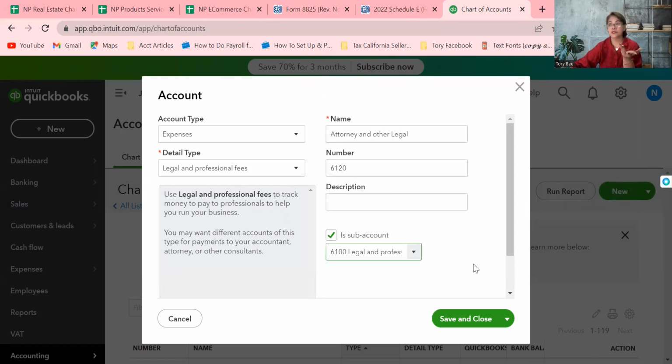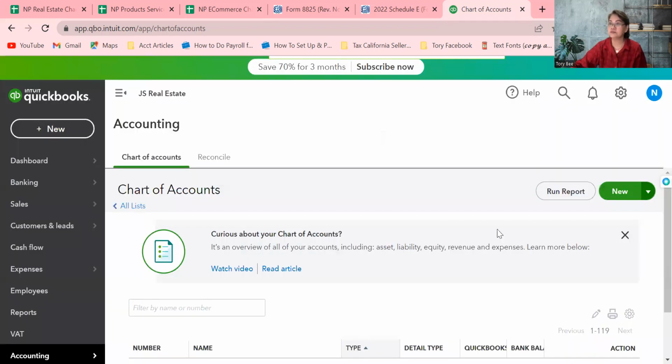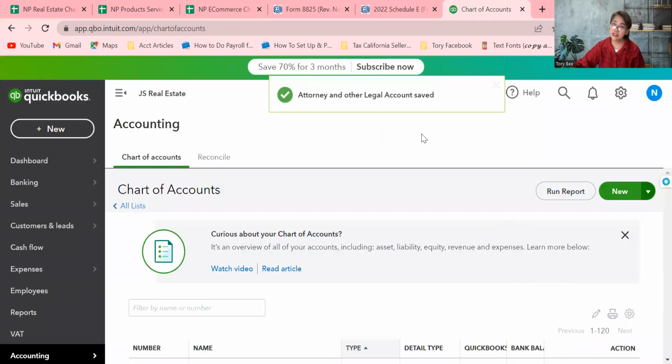You create the mother account, then you also create sub accounts that are related to the mother account. That's why it's called mother. It has children, kids. Save and close. That's it.